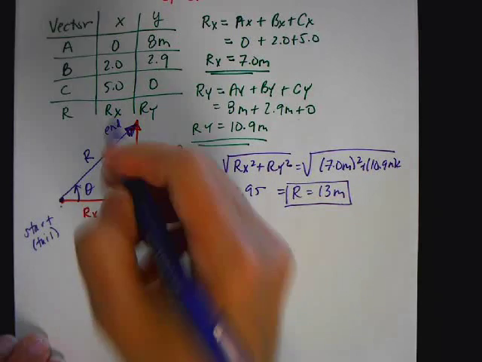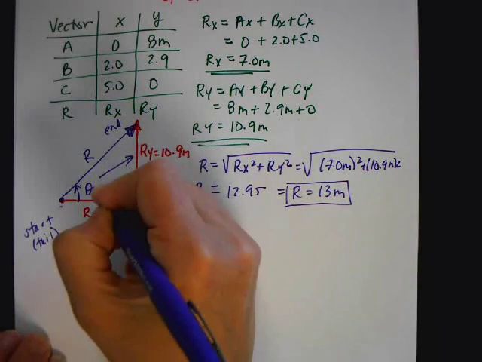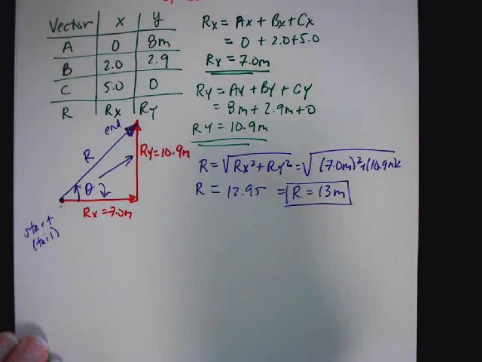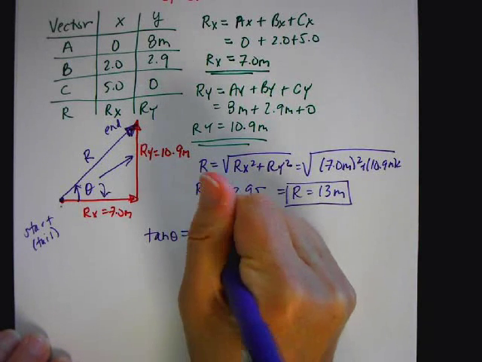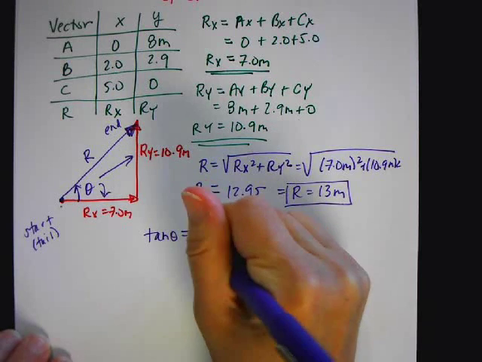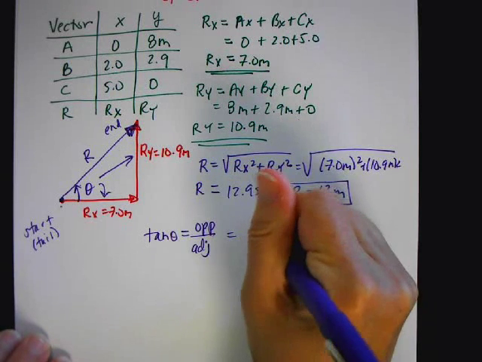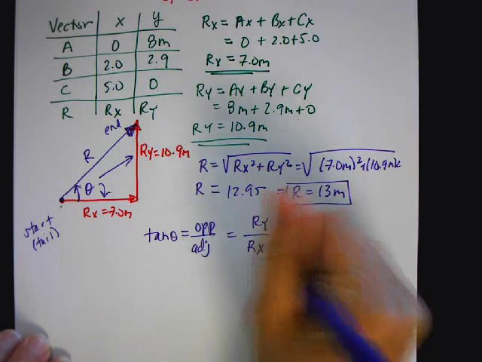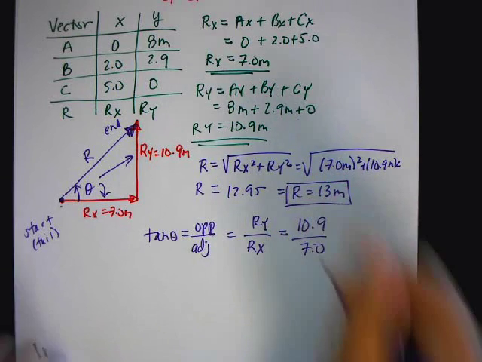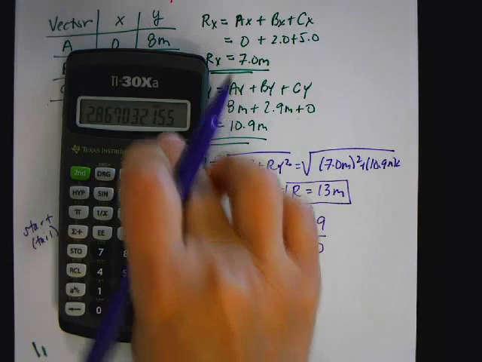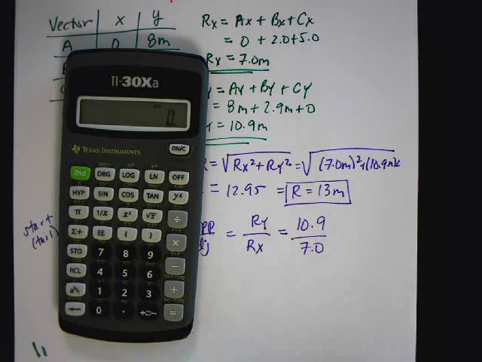Now when I put that in my calculator, I'm going to put 10.9 divided by 7 equals, and it comes out to be 1.57 whatever. But that's not my angle.